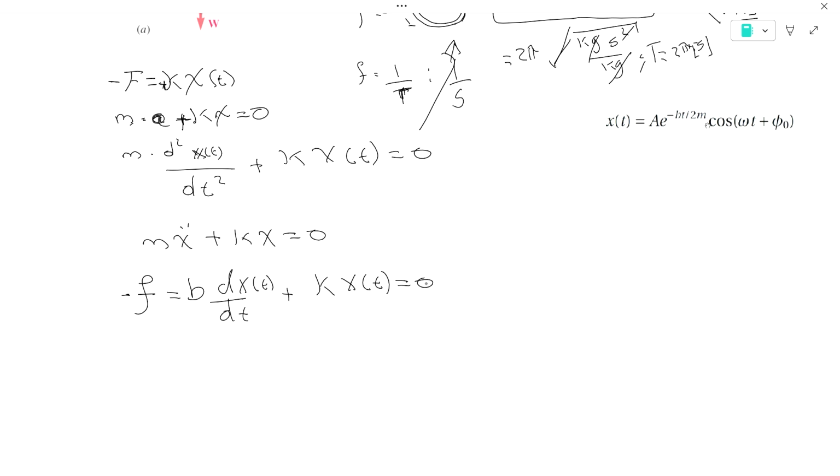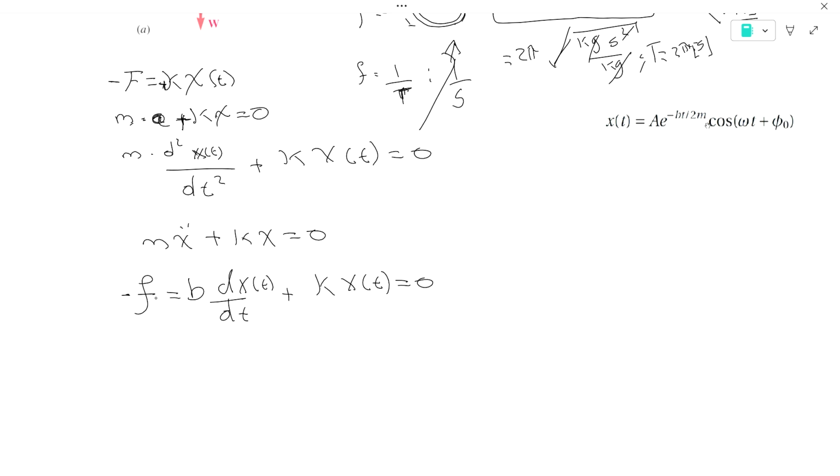Equal to 0 because it's just given that the mass is making the spring move. If it's non-zero, it's because there's something forcing it, like somebody hit it or there's a pothole, etc. There's an external force.